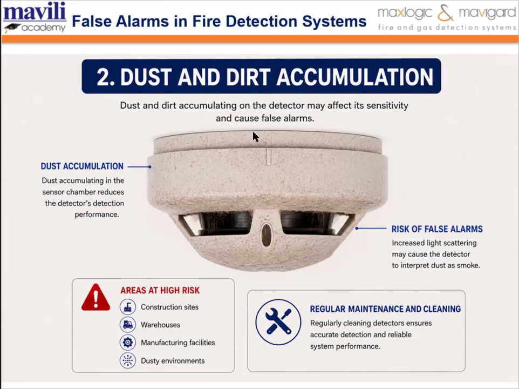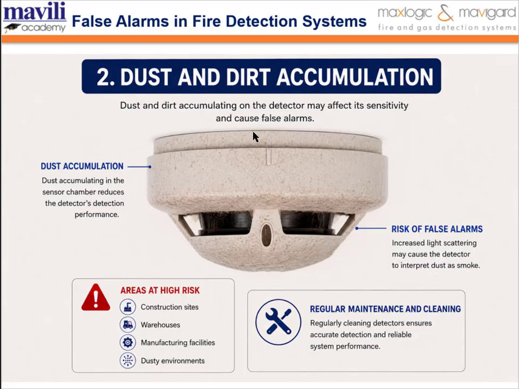Yes, the other one is dust and dirt accumulation. As you know, dust, dirt, and other particles accumulate on the sensor surface of fire detectors due to prolonged lack of cleaning, and it can negatively affect the detector's detection characteristics and life span.